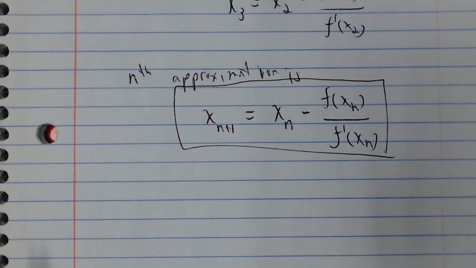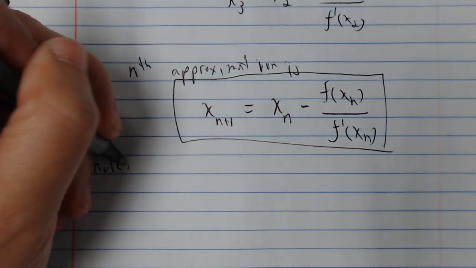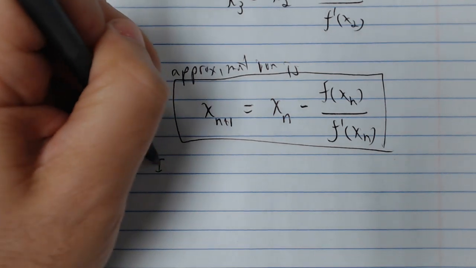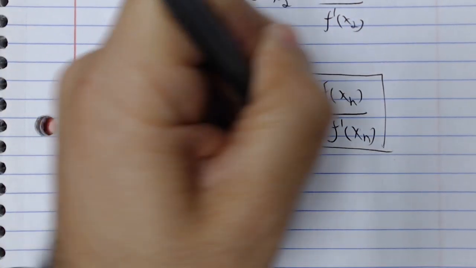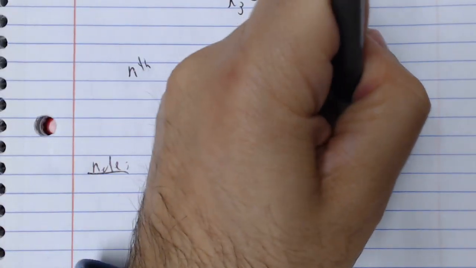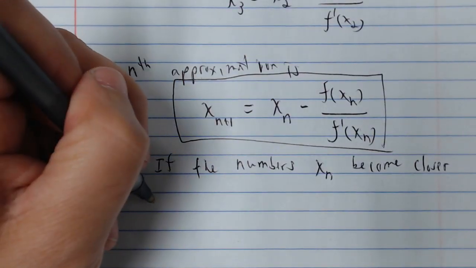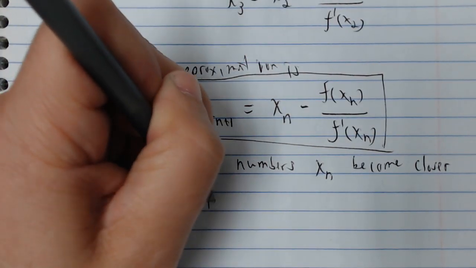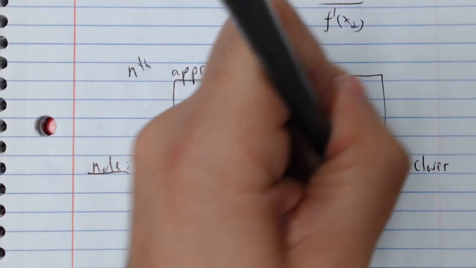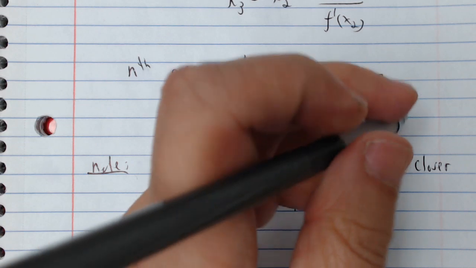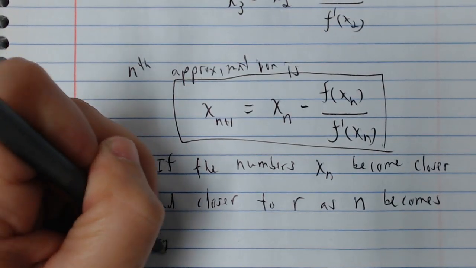Okay, so now some comments I want to make here. If the numbers x sub n become closer and closer to r as n becomes large.